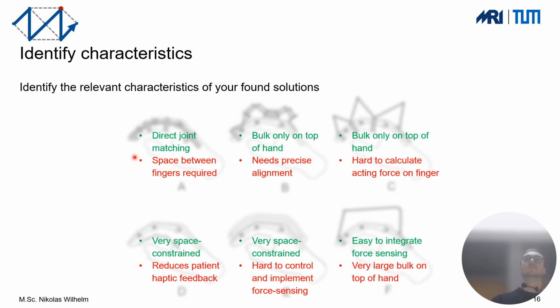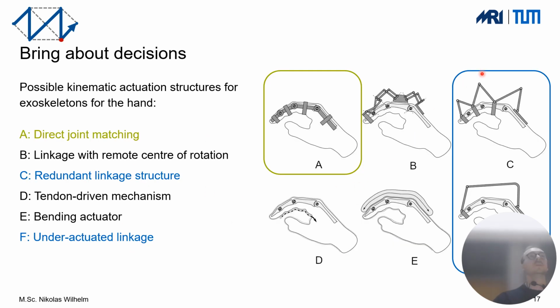You can look at the pros and cons for each of the respective systems, and then based on this, you can finally decide on which systems you should prefer, or which system might be a good match, and which system should be already excluded at that stage. So you can really narrow down your solutions in this stage already.